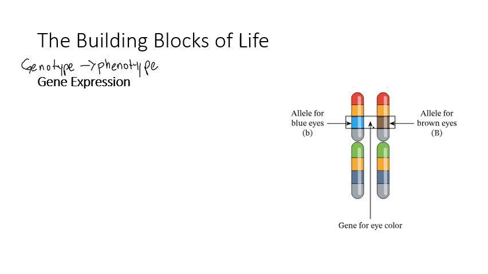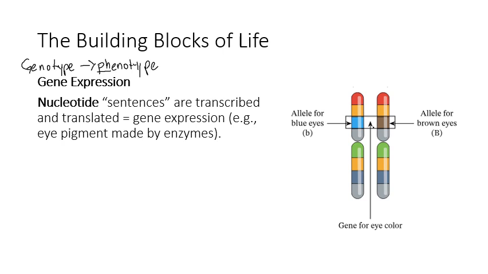Think about pheno-physical. Nice little connection there. So our nucleotides, these sentences, they're transcribed, they're translated in our body, and it expresses those genes, whether or not we're tall, whether or not we're short, if we have brown hair, if we have blonde hair, if we have blue eyes or brown eyes.